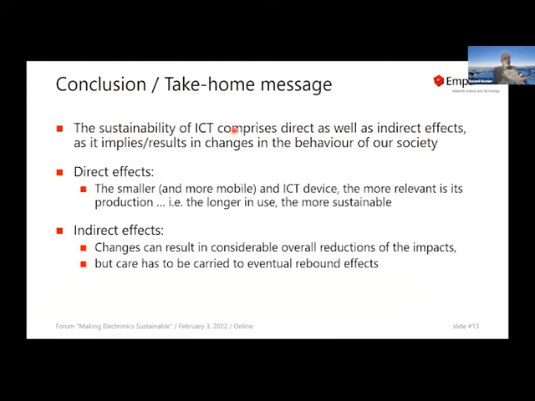Changes in our society can result in a considerable overall reduction of the impacts, but we have to take care that eventual rebound effects do not eat up these reduction potentials. So overall, it is each of us who defines in the end how sustainable ICT use will be in the future.